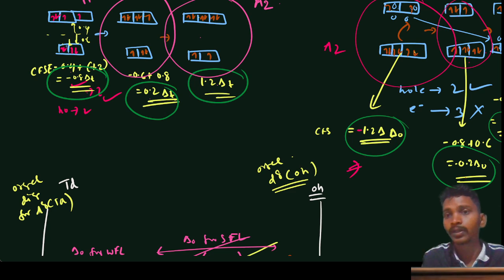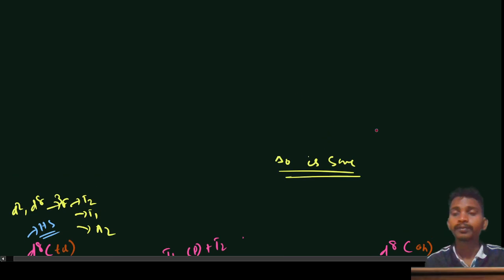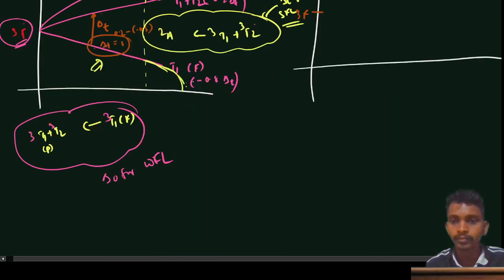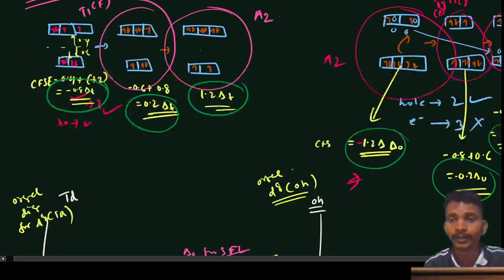T1G plus T2G. This T1G is the P excited state, and here you see that a degenerate state is there, here it is not. So this is only one, that is T1GF. Now draw the Orgel diagrams for it.